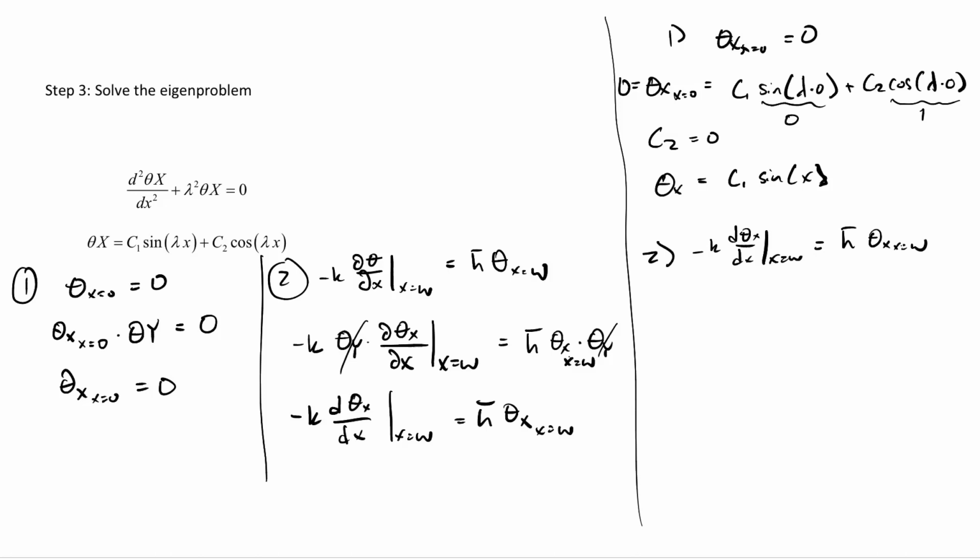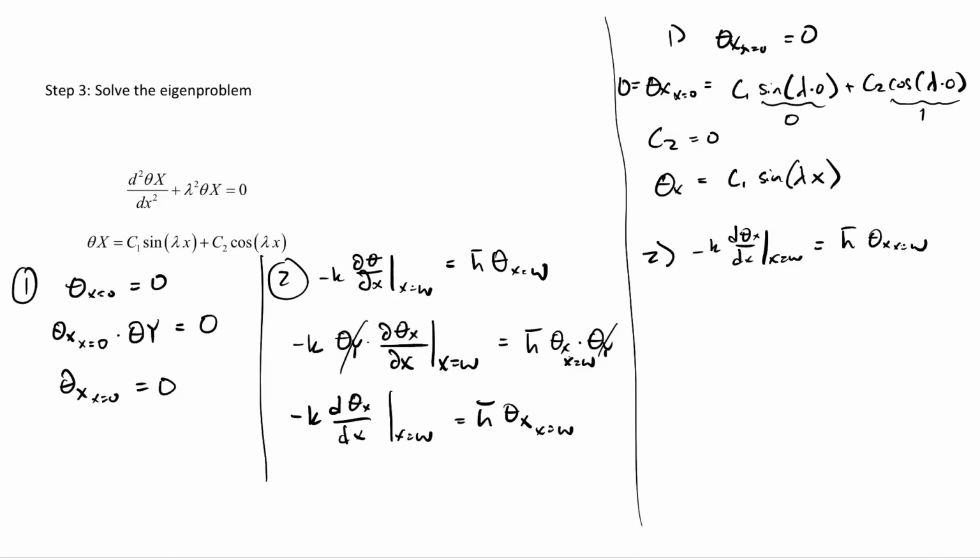So now let's evaluate the derivative. Oops, sorry, I missed a lambda up there. Theta x is c1 sine lambda times x. Sorry about that.